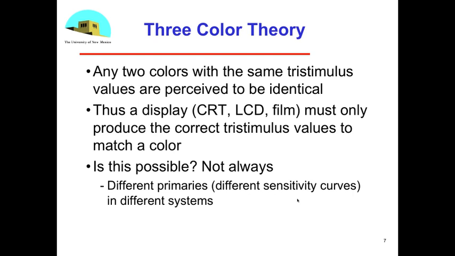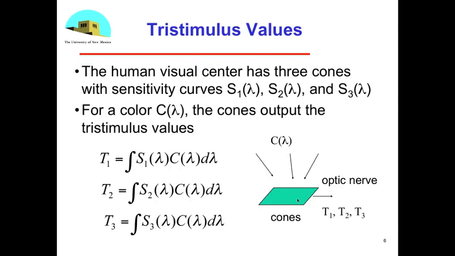You can have 2 different color distributions that produce the same T1, T2, and T3, and I can't tell the difference. One way people see this is with various types of color blindness. One explanation is that they only have 2 of the types of cones, while most people have 3 different types.